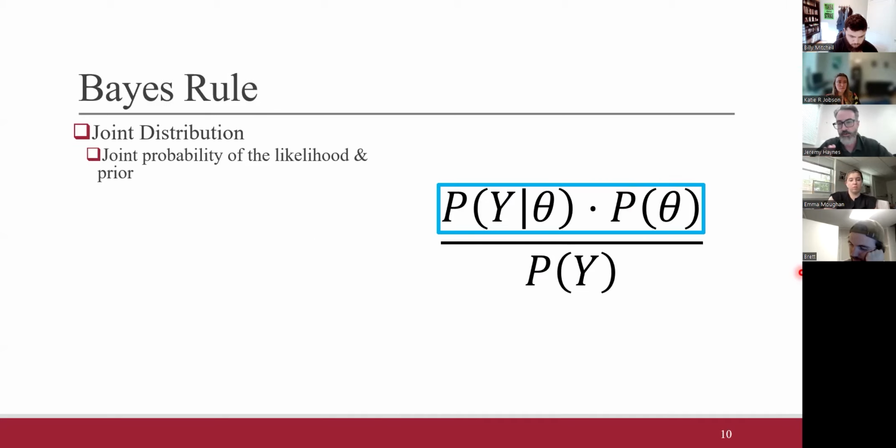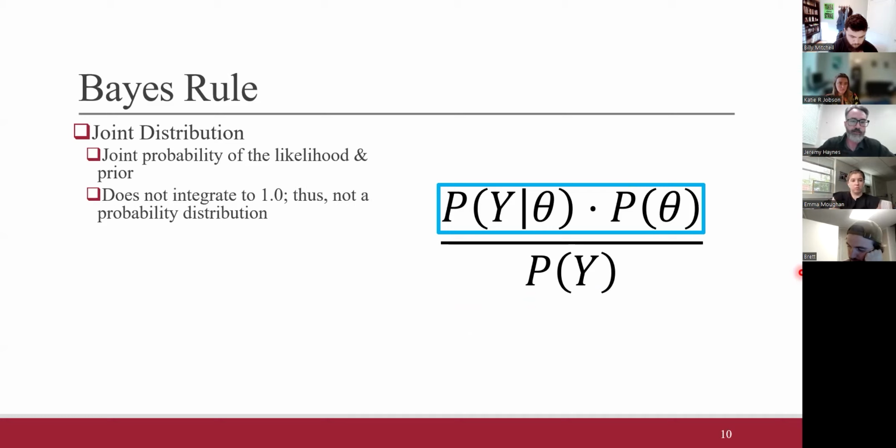Okay, now let's get back to Bayes' rule real quick. On the numerator, we have the likelihood weighted by the prior. This is referred to as the joint distribution. There's an issue with the joint distribution, and that issue will become apparent in just a little bit.